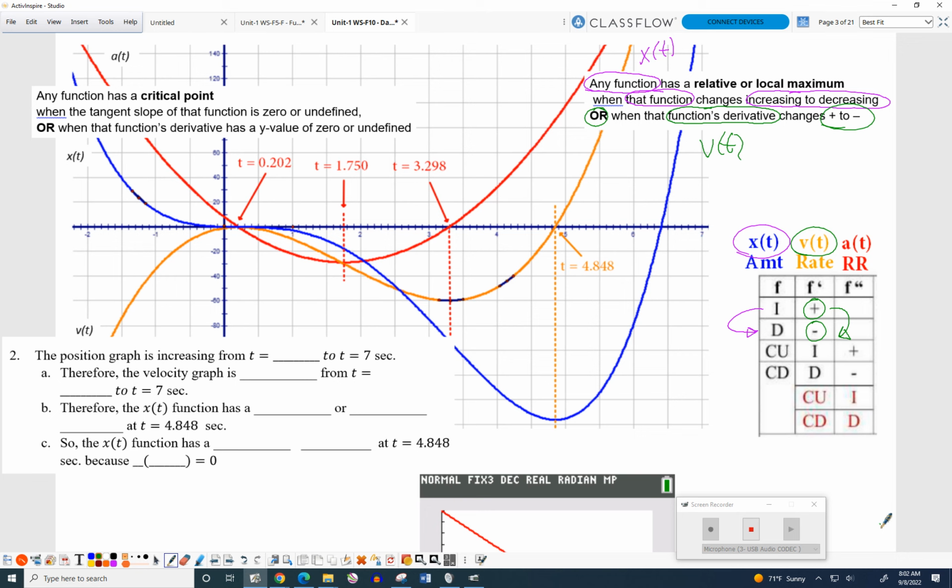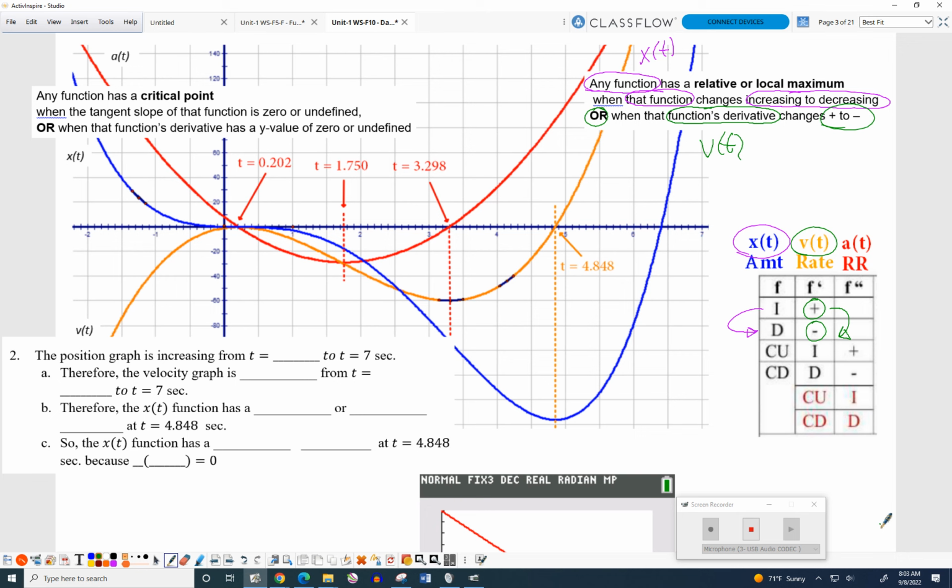I'm going to just say it again. It says any function. So if you're looking for where the position graph has a relative max, and you can look at position, then you would say, I'm looking for where that position graph changes from going up to going down. And if I can find that location on position, then I will know that the position graph has a relative max.